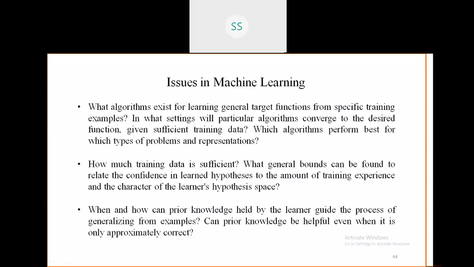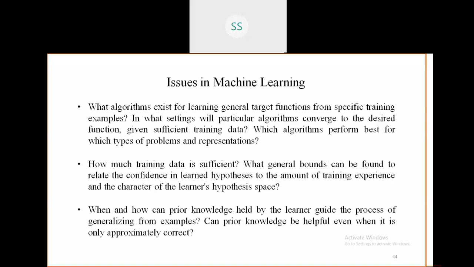Are there any existing algorithms that we don't know of? Otherwise we have to build the algorithms on our own, or if there are particular algorithms, you have to make use of them. And if multiple algorithms are available, you have to choose a particular algorithm based on their performance and how much training data is sufficient, right?